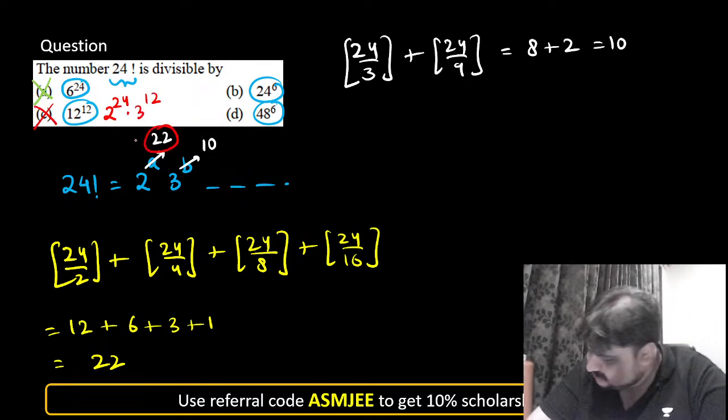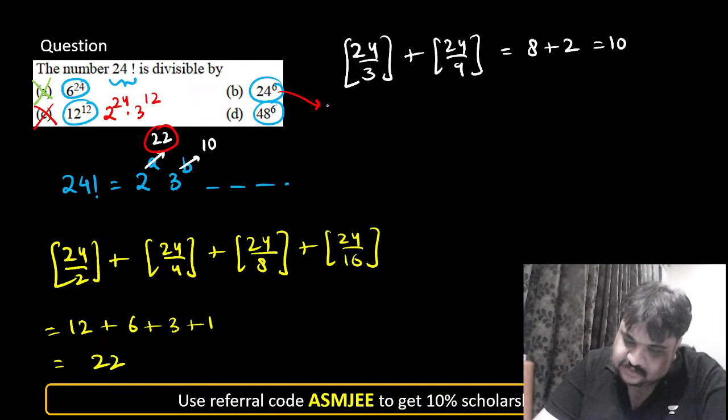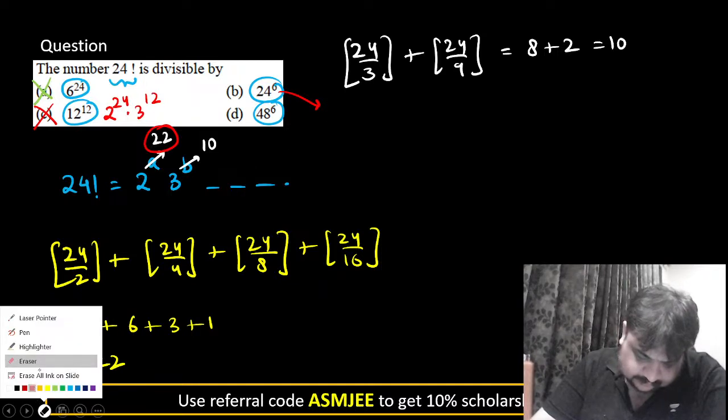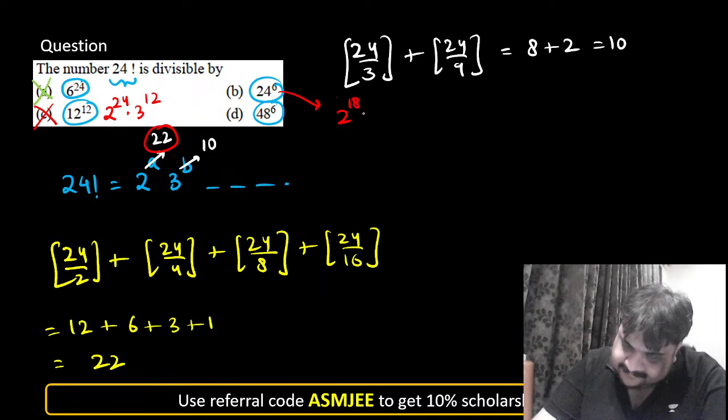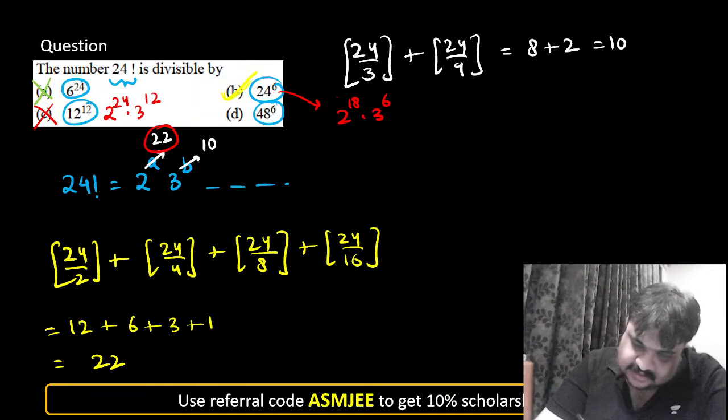There is a shortage of 2. What is this? 2 square, 2 cube, 2 raised to 18, and 3 raised to 6. This is present. Yes, this will work.